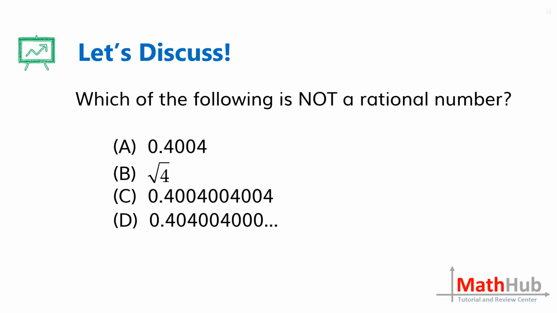Now let's discuss. You can pause the video if you want so that it will also be interactive. Let's see. Which of the following is not a rational number? We have letter A, 0.4004. What kind of decimal number is this?